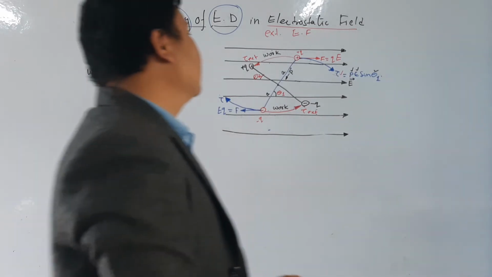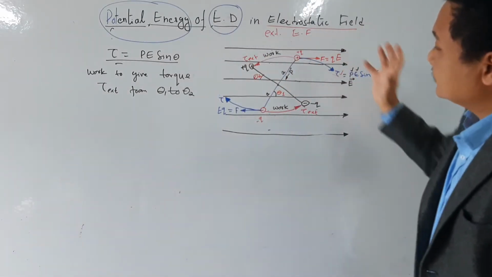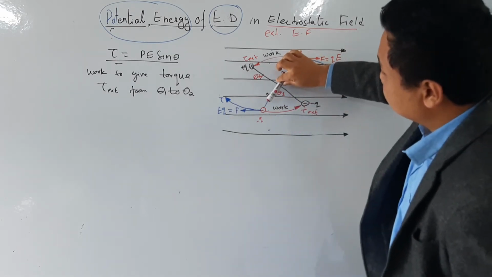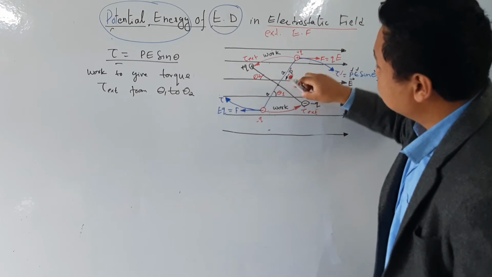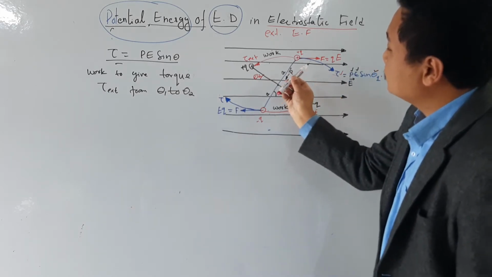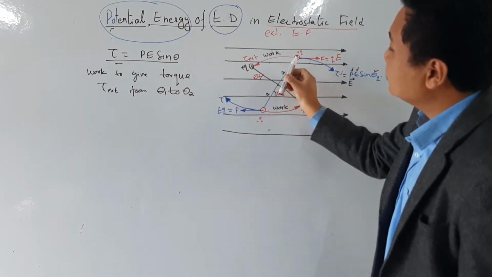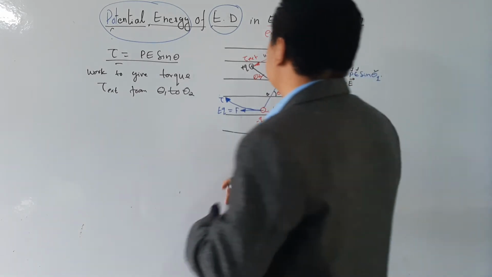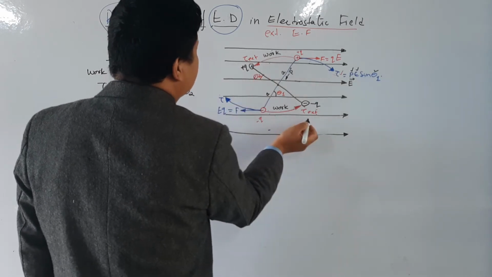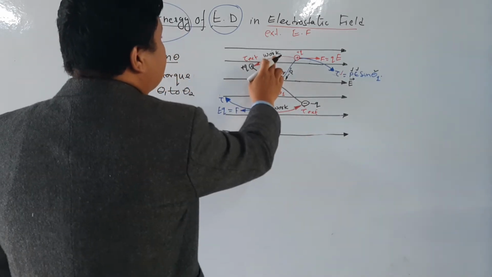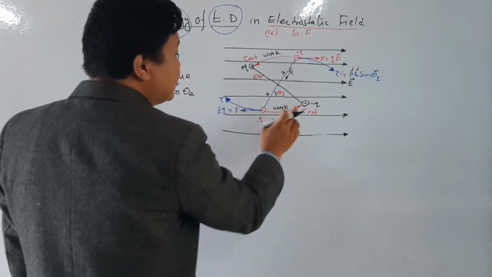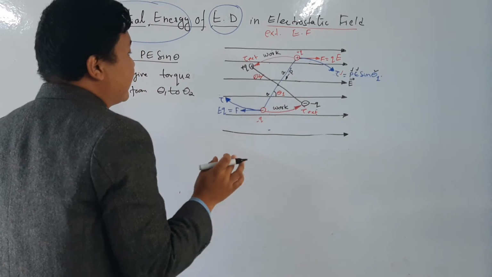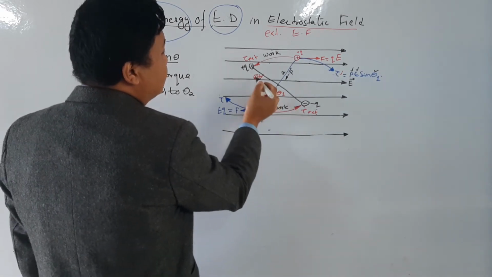Okay, we are giving some work, some external torque. From theta 1 it was like this, and the angle between electric field and the dipole moment is theta 1, and I am giving external work to rotate this in opposite direction, and this is the work. External torque is applied, and I am moving it from theta 1 to theta 2.